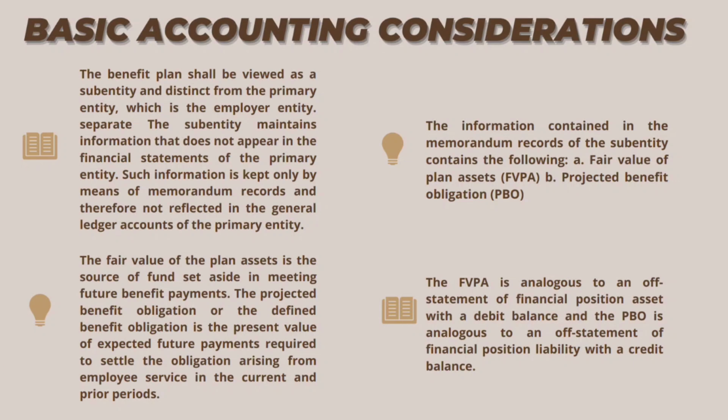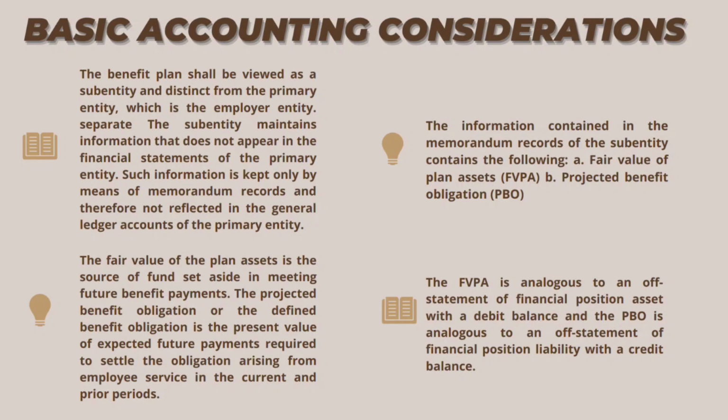The fair value of plan assets is the source of funds set aside in meeting future benefit payments. The projected benefit obligation, or the defined benefit obligation, is the present value of the expected future payments required to settle the obligation arising from employee service in the current and prior periods.